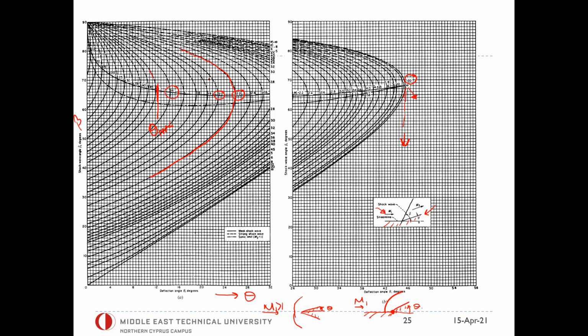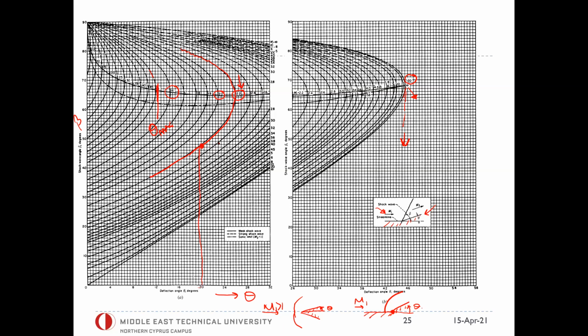Now, another thing that we mentioned is that for a given value of theta, let's focus on Mach 2.2. You're flying at Mach 2.2, and your theta deflection is, let's say, 20 degrees. So you draw a straight line up from 20 degrees.